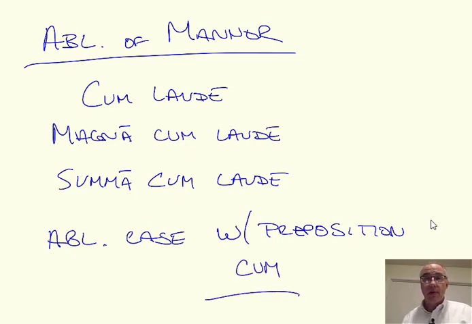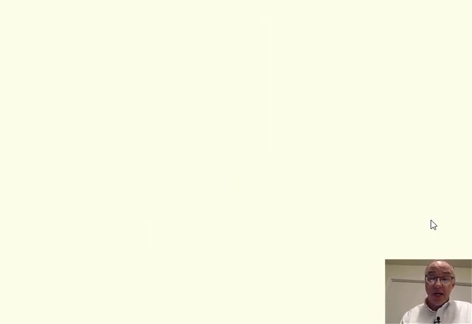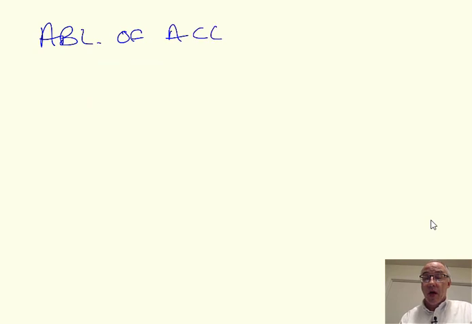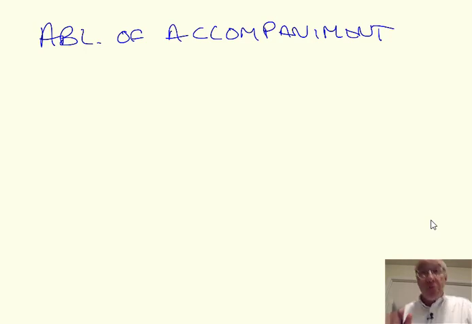And the final use in this chapter is the ablative of accompaniment. And this one, frankly, is just like it sounds. It is paired with the ablative of manner only in this chapter, not in any grammatical sense or any official sense.